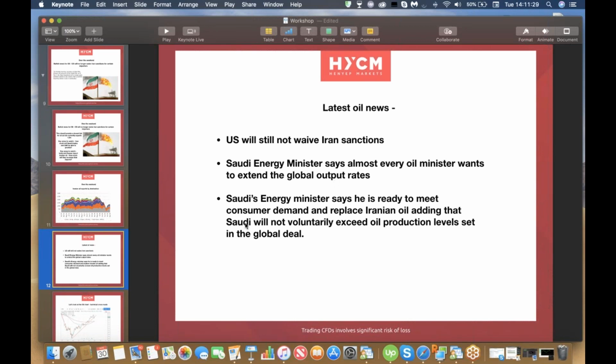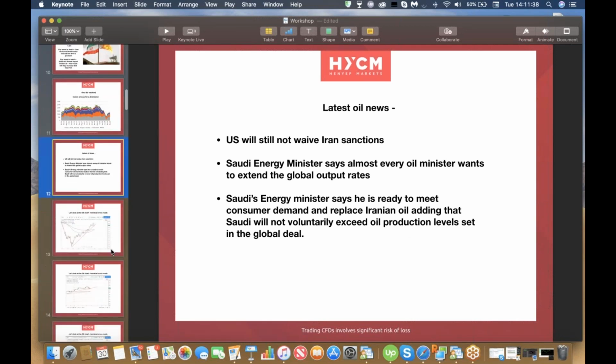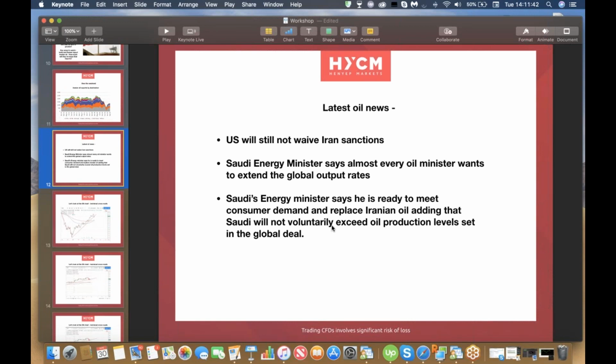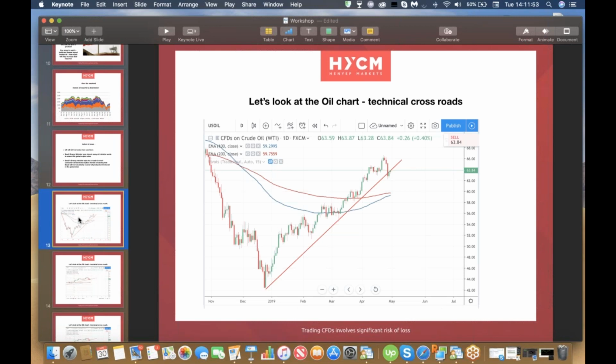And Saudi says they're ready to meet consumer demand and replace Iranian oil, adding that Saudi will not voluntarily exceed the oil production levels set in the global deal. So they're saying production cuts are still on the cards, and Saudi Arabia are ready to take over the shortfall from Iran's waivers in the sanctions.